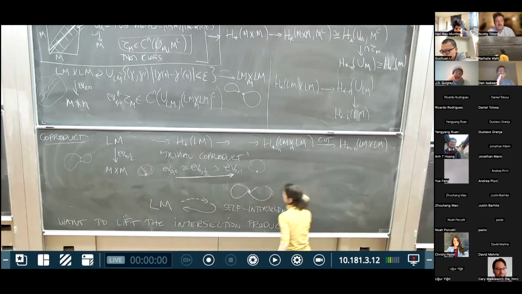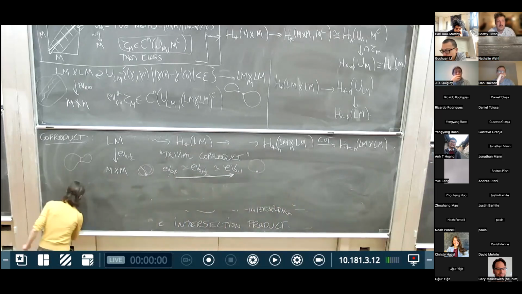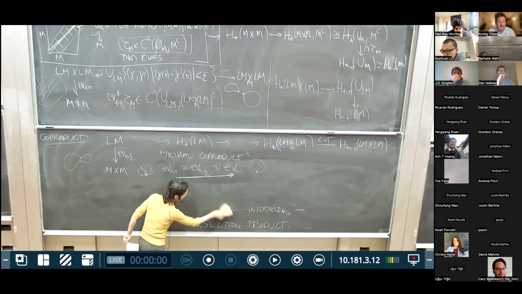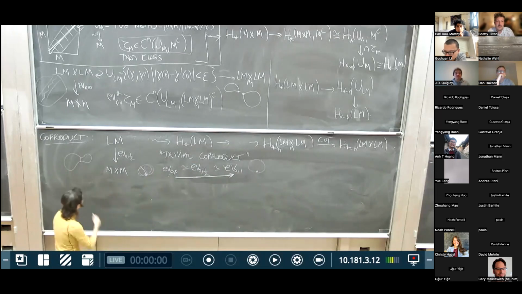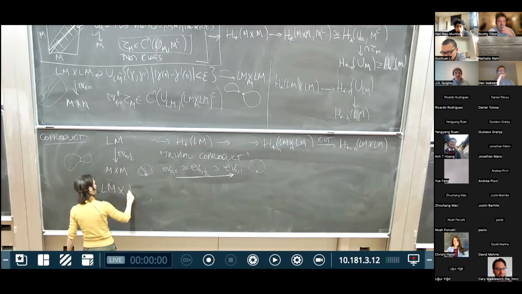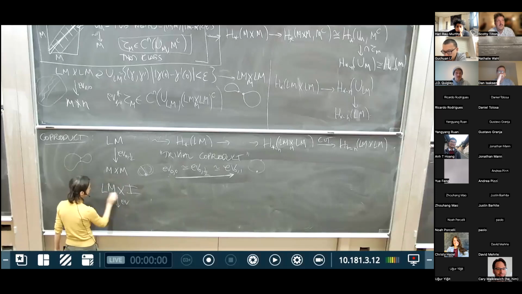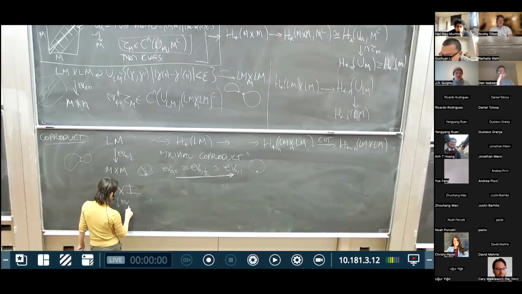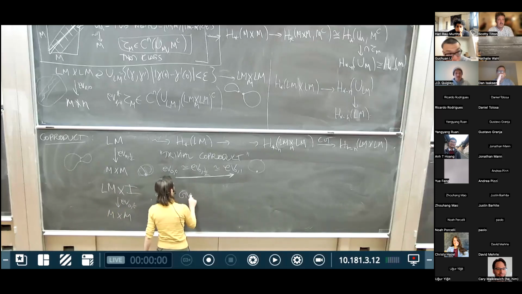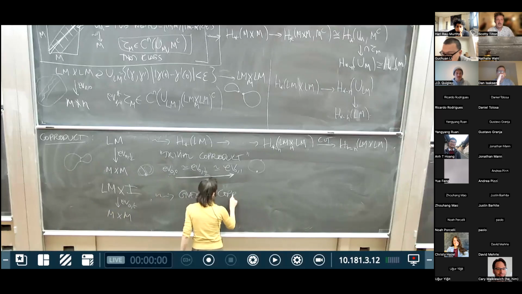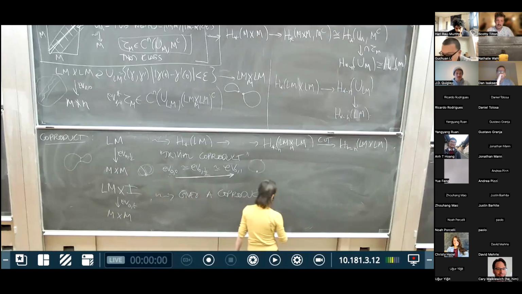It's a one parameter operation, and you can get it in the same way as before, but by looking now at the evaluation: you take the loop space cross an interval, and you look at the evaluation at 0 and some time t into M cross M. And so this gives a good coproduct, which is highly non-trivial. This is what I mean by good.